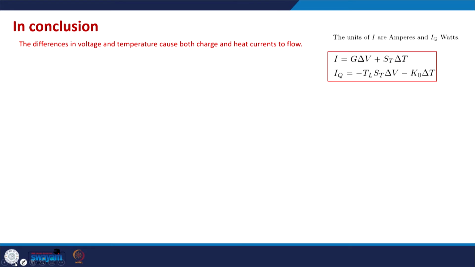So in conclusion, what we can say is that the charge current and the heat current are always accompanied with each other, and both of them depend on the applied voltage and applied temperature gradient in the system.